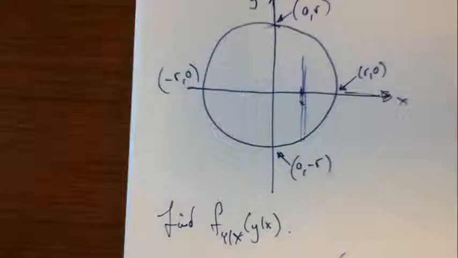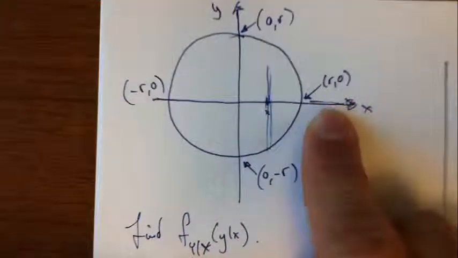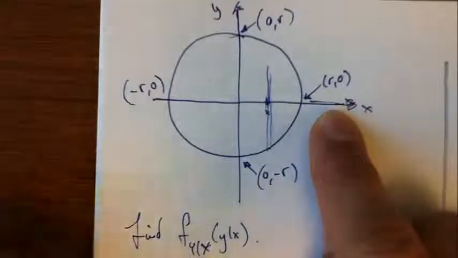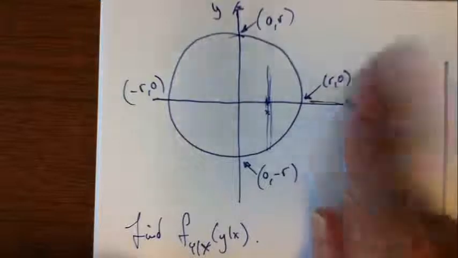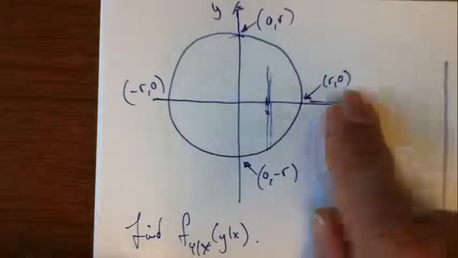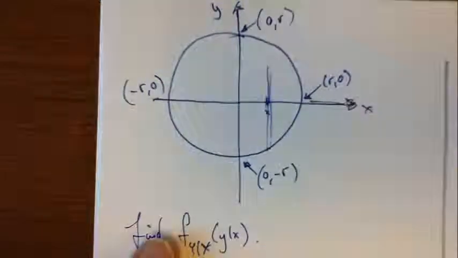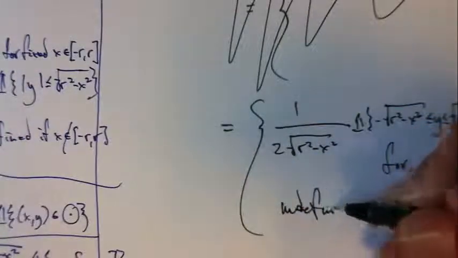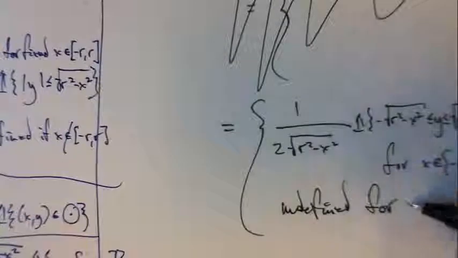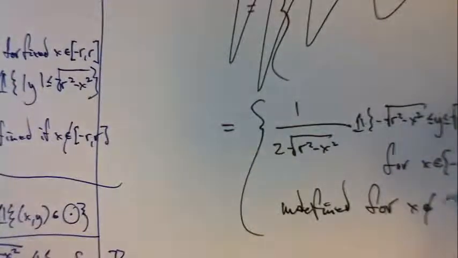So if I have an x value that's out here, and that occurs with probability 0, then what does the density function look like? Well, I don't know. There's no way to tell, and it doesn't really make sense to talk about it. So we just won't define it. It's undefined for x outside that interval. Okay.